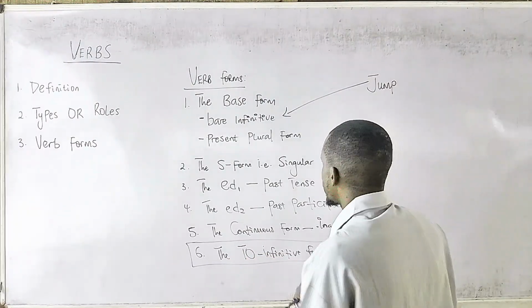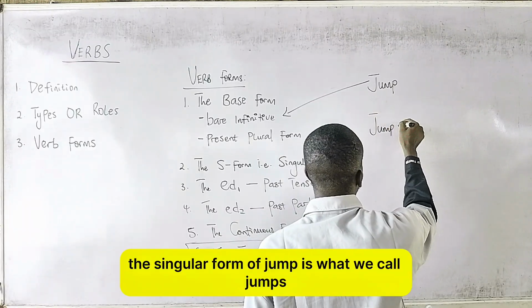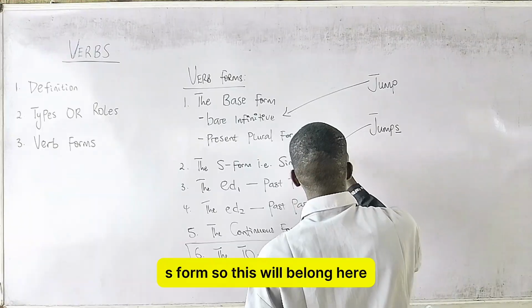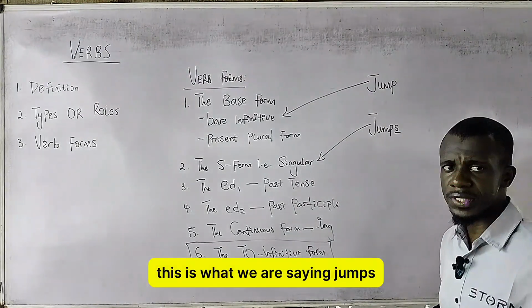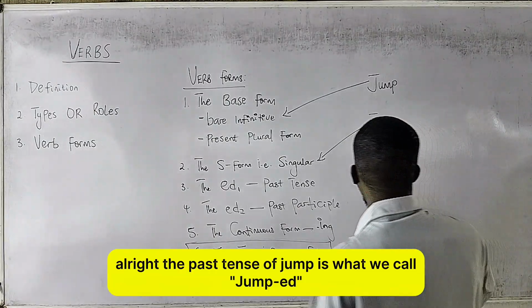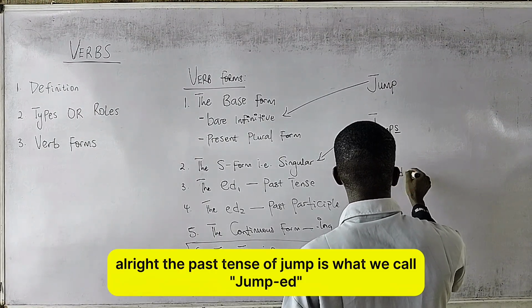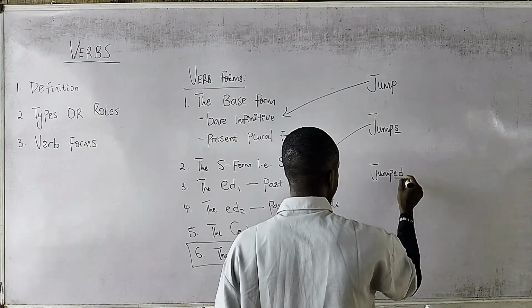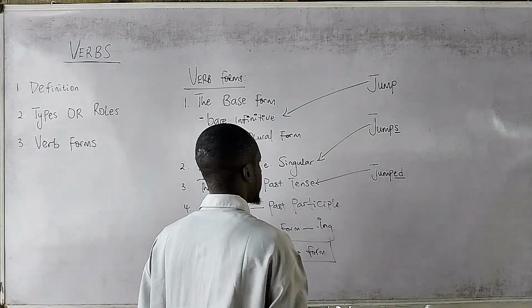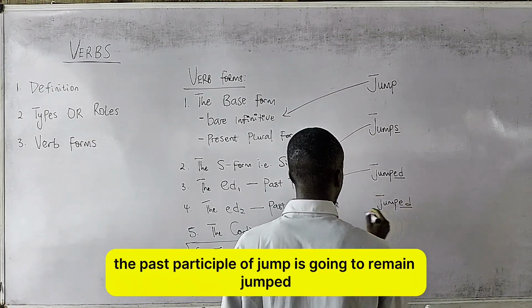The singular form of jump is what we call jumps. S form. So this will belong here. Jumps. The past tense of jump is what we call jumped. ED. Jumped. The past participle of jump is going to remain jumped.